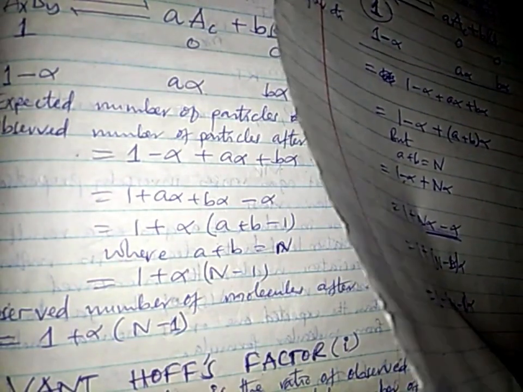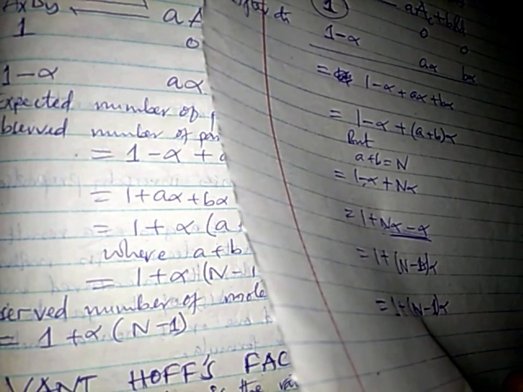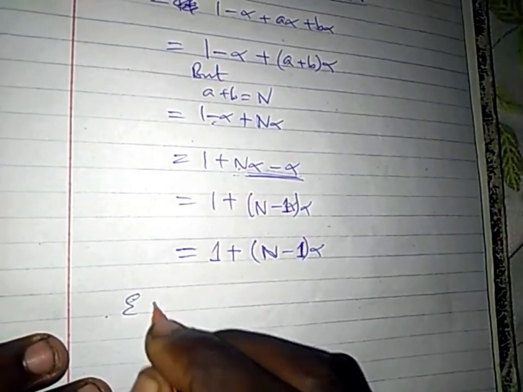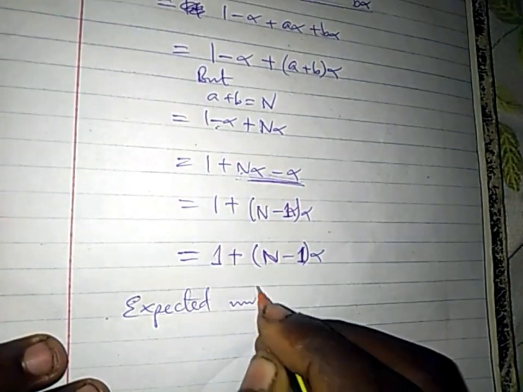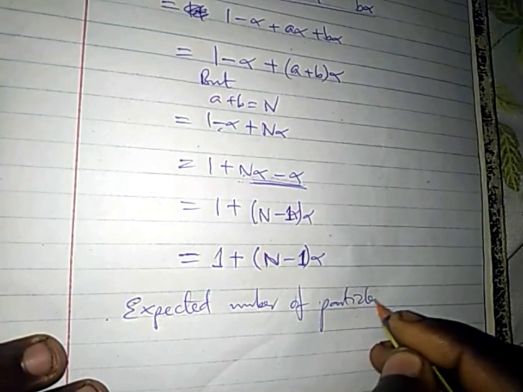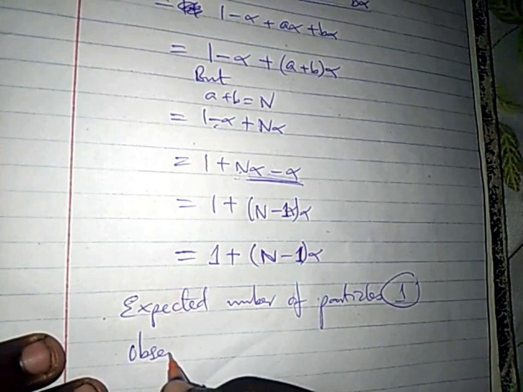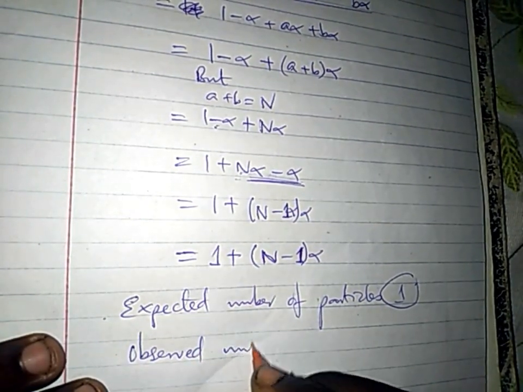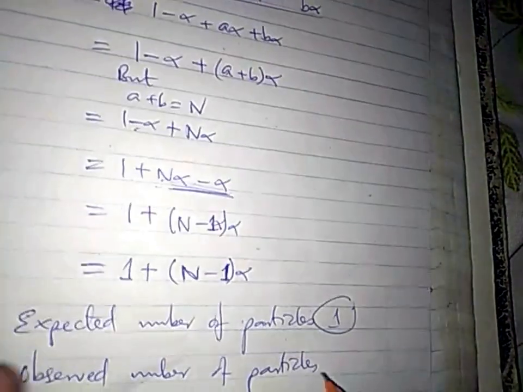So tunachokuja kuangalia ni kwenye definition of degree of dissociation. Manake expected number of particles ilikuwa niwe 1, lakini observed number of particles after dissociation ni ngapi?